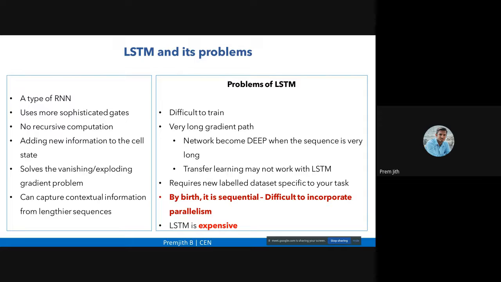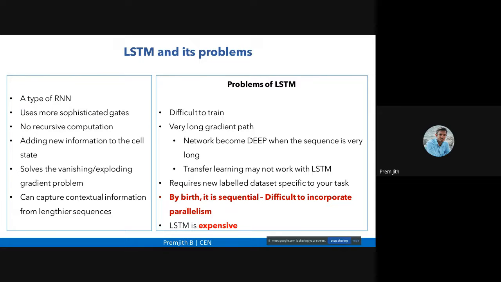The vanishing or exploding gradient problem happens because of lengthy sentences. If you have a long sentence with a larger number of words, then RNN won't be able to capture the proper contextual dependencies among the data. But LSTM can do that, with the help of the logical gates.